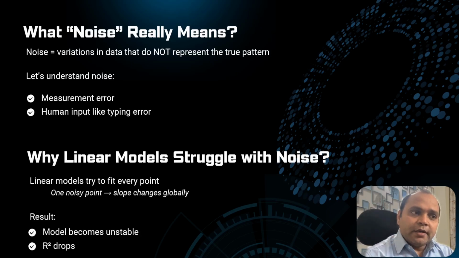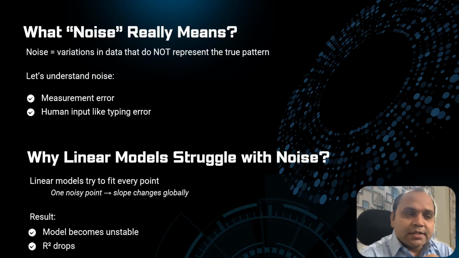If you receive one noisy point, for example, you are predicting vehicle maintenance and you receive kilometers 0 or negative kilometers, then definitely your whole calculation will be disturbed. So with one noisy point the slope will change. Once the slope changes, the coefficient will change, and based on the coefficient your prediction will be wrong.